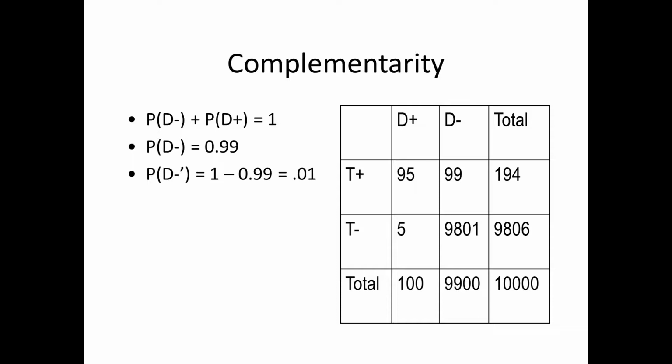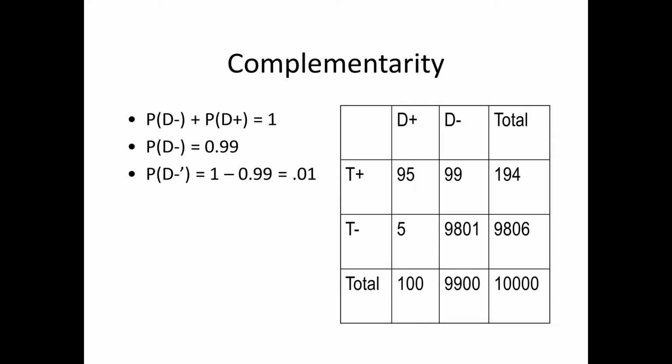If I tell you that the probability of being disease negative is 0.99, then its complement, given by the third bullet there, notice that strike mark next to the D negative, that means everything but. So we might read that the probability of being everything but disease negative is equal to 1, the probability of everything, minus 0.99, which is the probability of being disease negative.